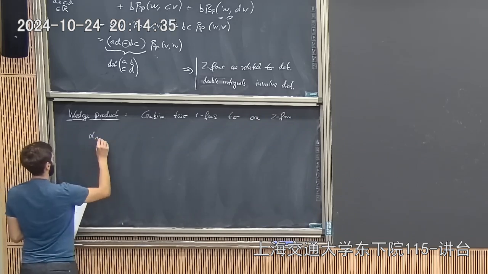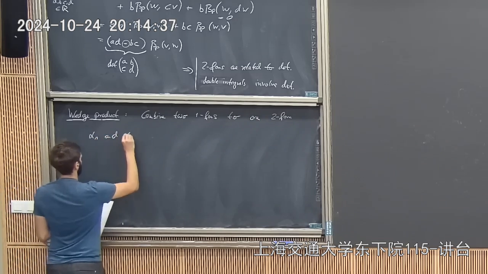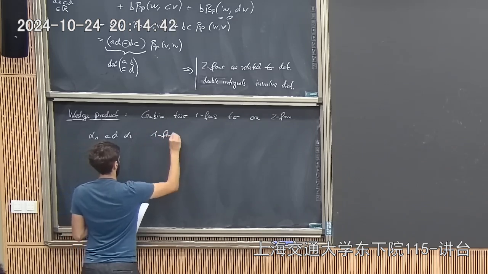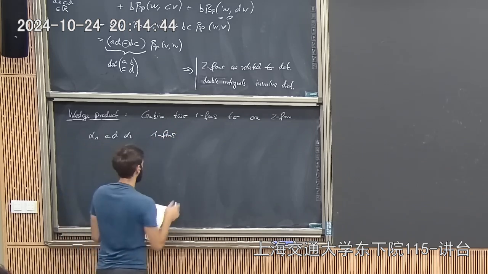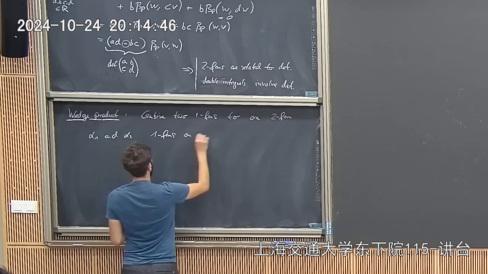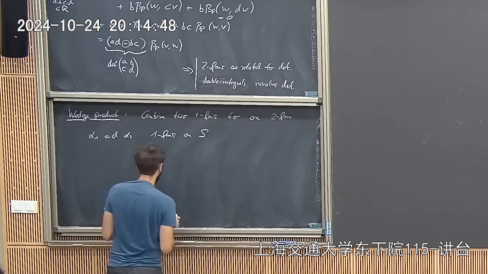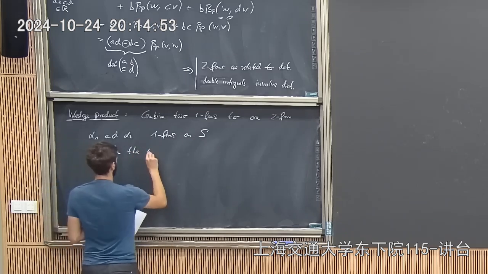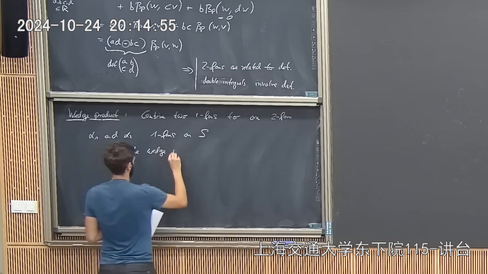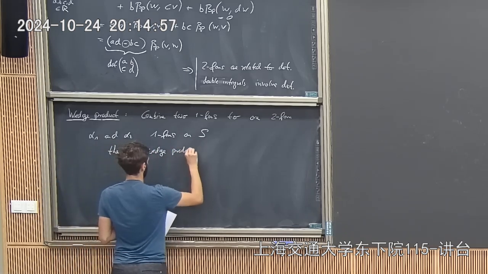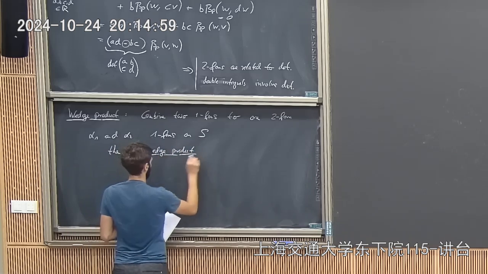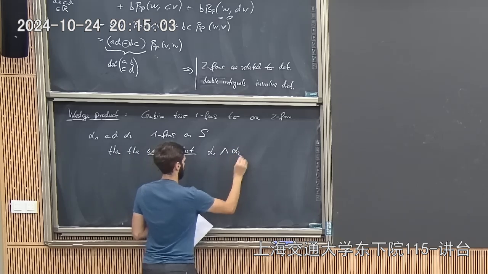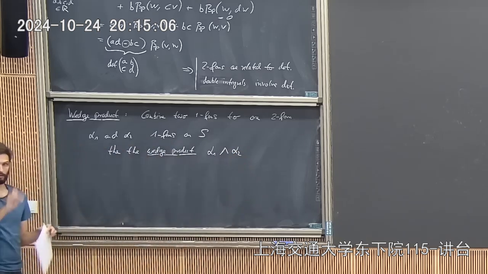So we have alpha 1 and alpha 2, one forms on S, say, then the wedge product, and it's denoted by this funny symbol where we have alpha 1 wedge alpha 2.